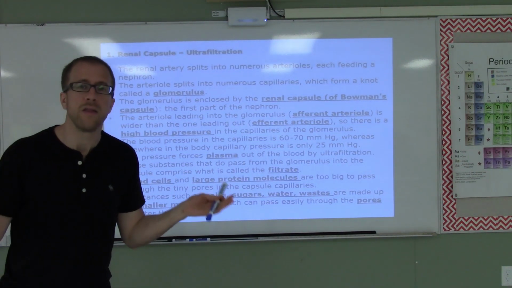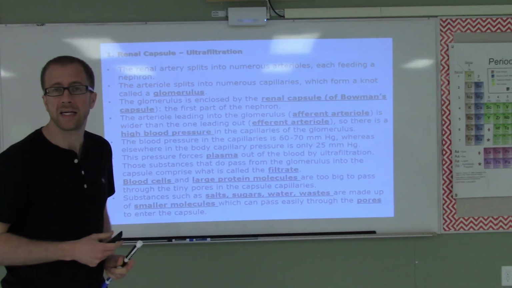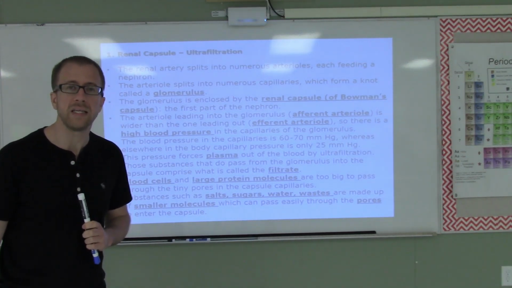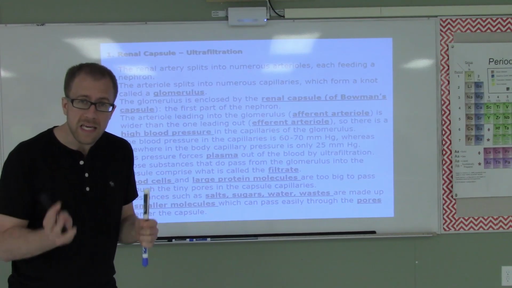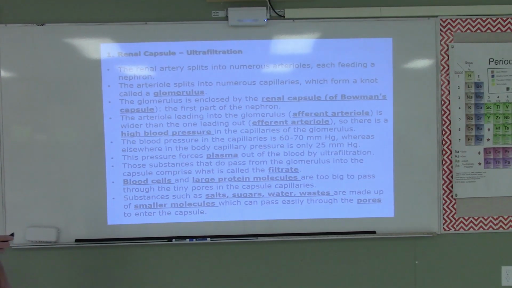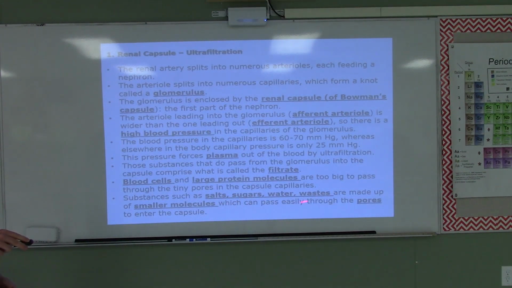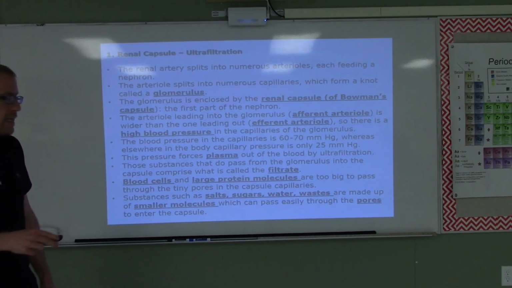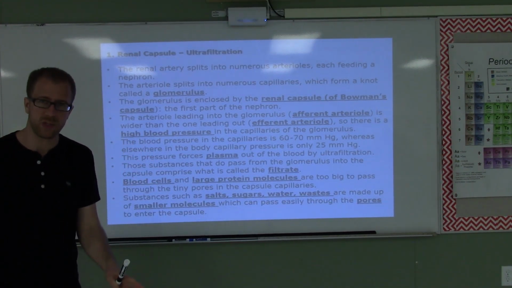Things like that are not going to pass into the filtrate. Those blood vessels are leaky, but they're not that leaky. So substances such as salts, sugars, water, wastes, and some other smaller molecules will pass easily through the pores of the glomerulus and will enter the Bowman's capsule.